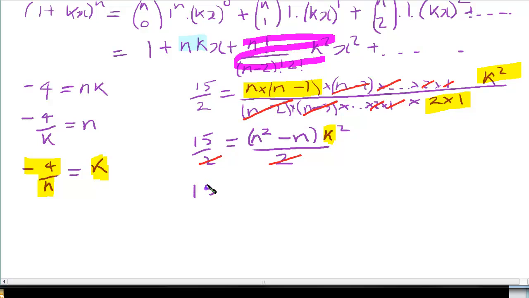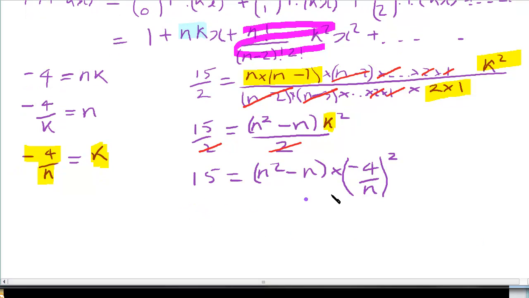So I get 15 equals n squared minus n times minus 4 over n, and I've got to square all of that because k is squared. So multiply that out: I'm going to get 15 equals n squared minus n times 16 (minus 4 squared is 16) over n squared.